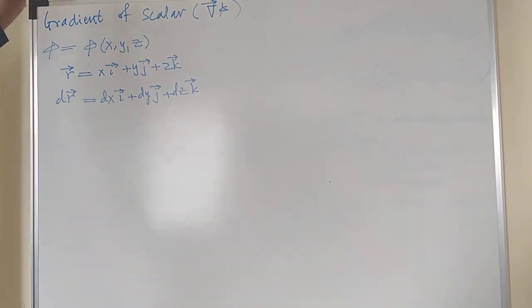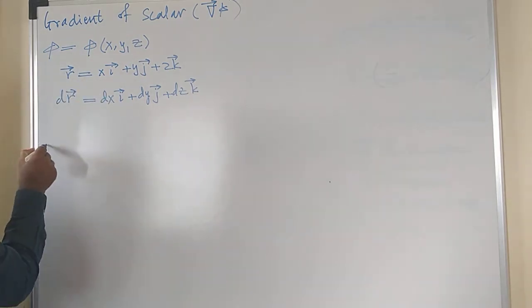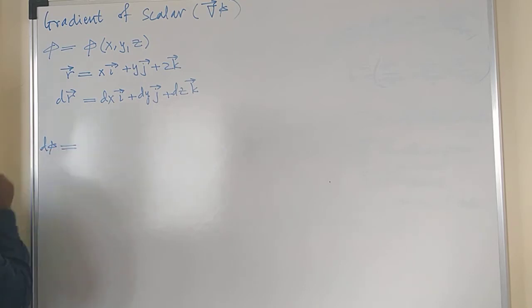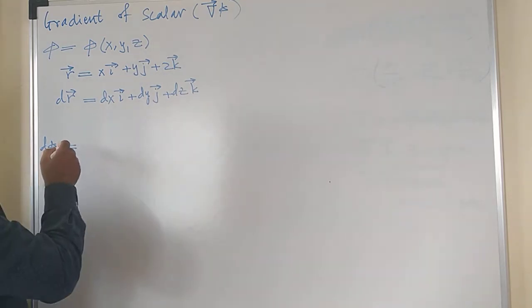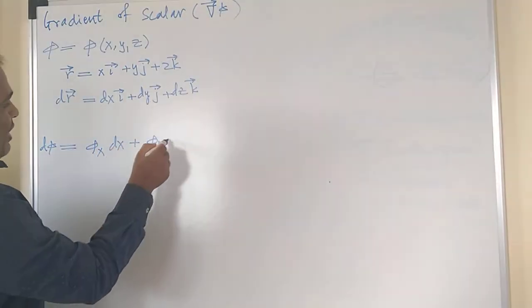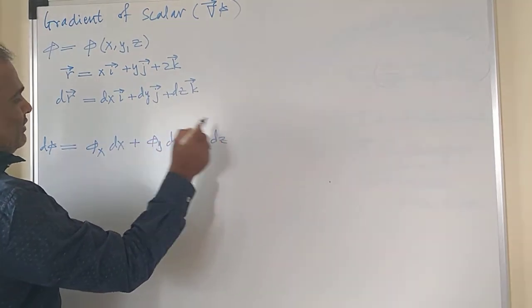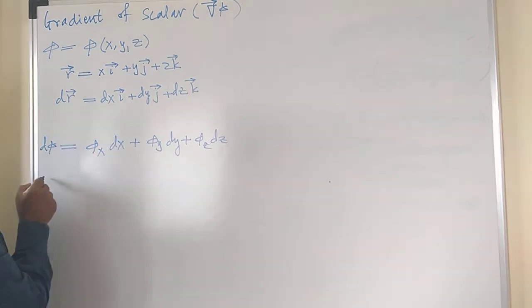Now if you take the total differentiation of the scalar point function phi, being a function of three independent variables x, y and z, then how can you write d phi? Total differentiation d phi is equal to phi x into dx plus phi y into dy plus phi z into dz. This also we wrote yesterday only.